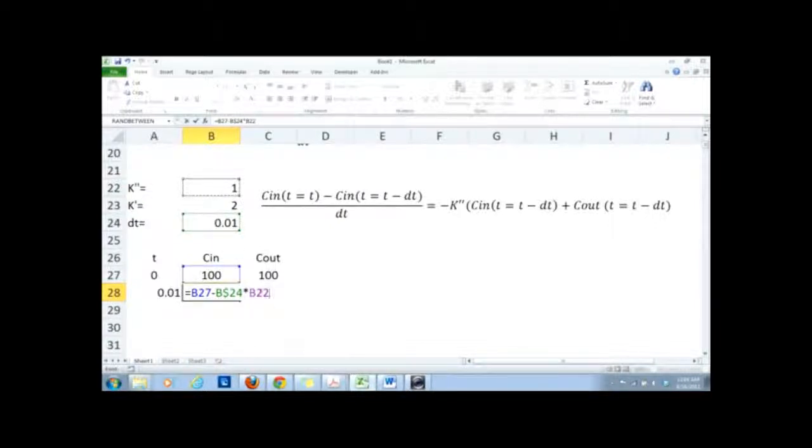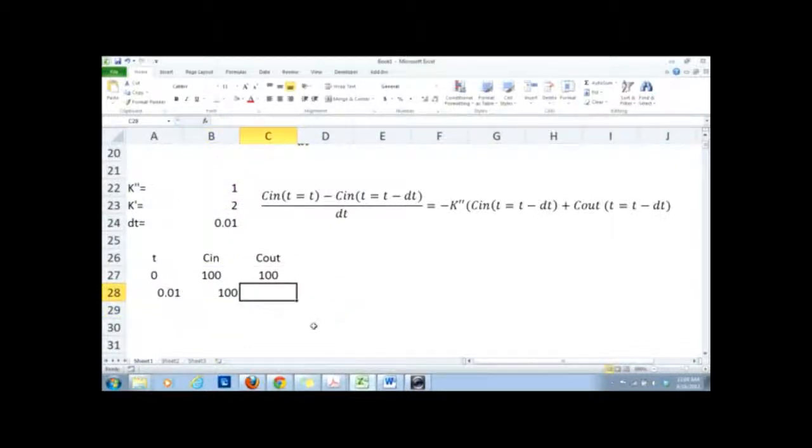So k double dash again, I put a $ sign here, and then into C in minus C out. And here I'm not putting a $ sign on C in and C out because they are not constant and they will change with time. So I'll press enter.